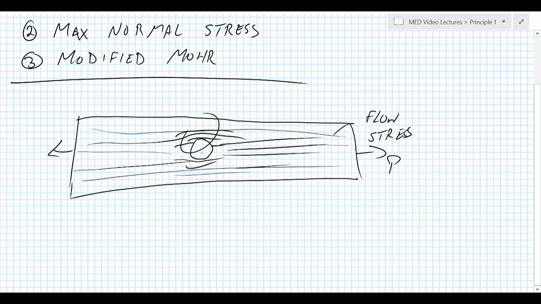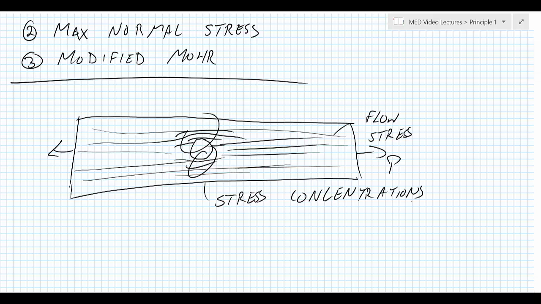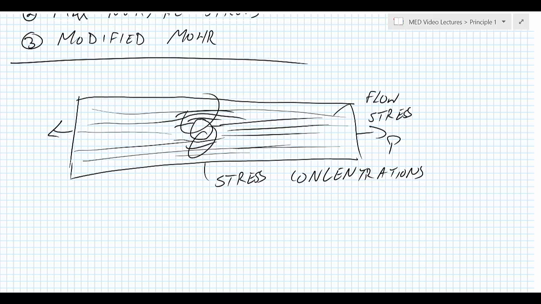And any time we have discontinuities, we have stress concentrations. Anytime there's a load applied to a certain location, or there's a hole or a geometry change, such as a fillet, we're going to have an increased stress concentration there. And that stress concentration tends to lead to crack growth.